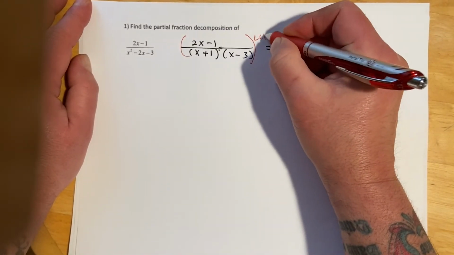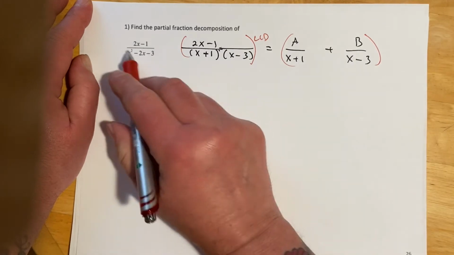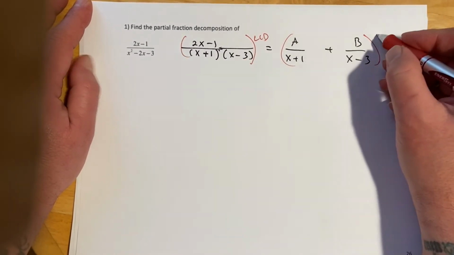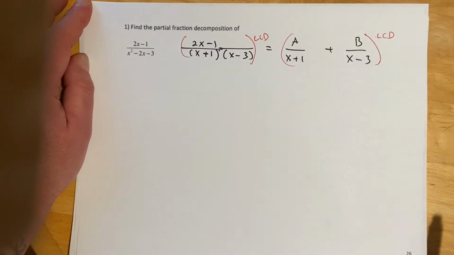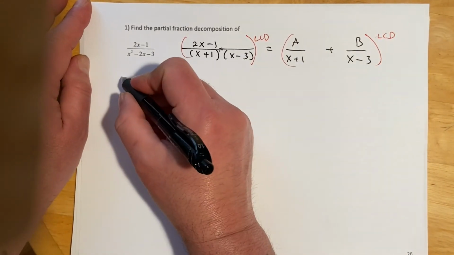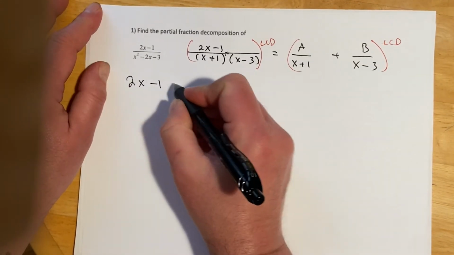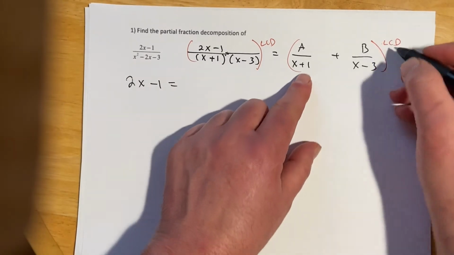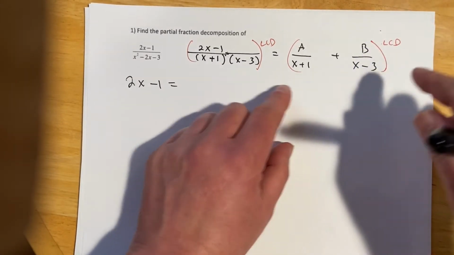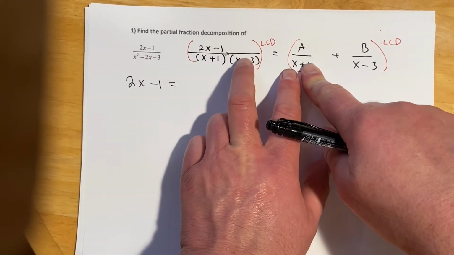So I'm going to multiply both sides by the LCD, and the LCD is always just what's right here. And so on this side, it knocks out everything, and I'm left with 2x - 1. On this side, it's going to cancel itself and leave what's left.